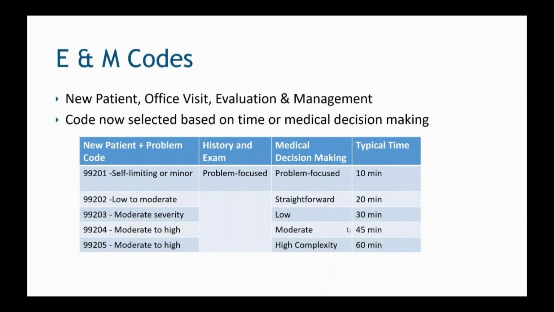So for 01, the medical decision making was problem focused, 02 was straightforward, 03 was low, 04 was moderate, 05 was high complexity, or the typical time, 10 minutes all the way up to 60 minutes. So you either use medical decision making to select the E&M code or the typical time.